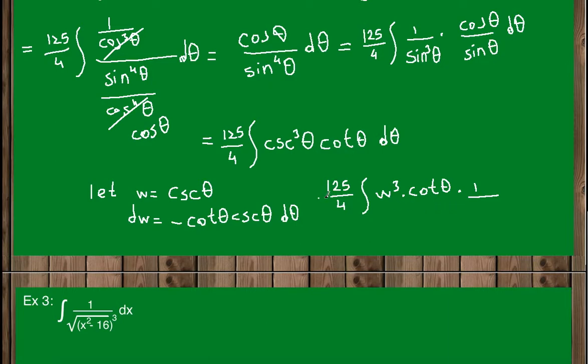So we can pull the negative sign to the front, and cotangent theta, instead of cosecant theta we can write just w. So cotangent cancels out and we are left with negative 125 over 4, w squared dw.